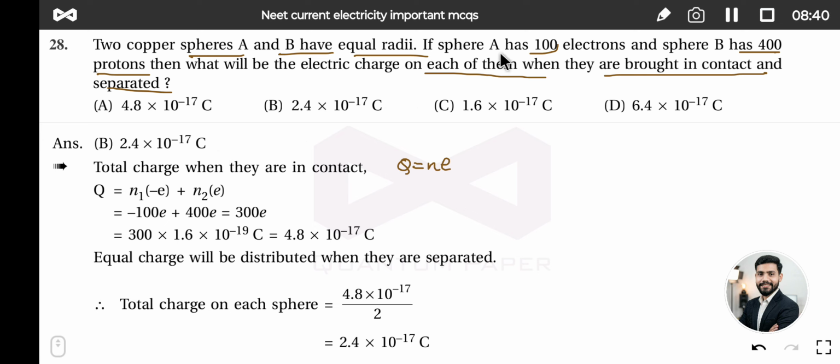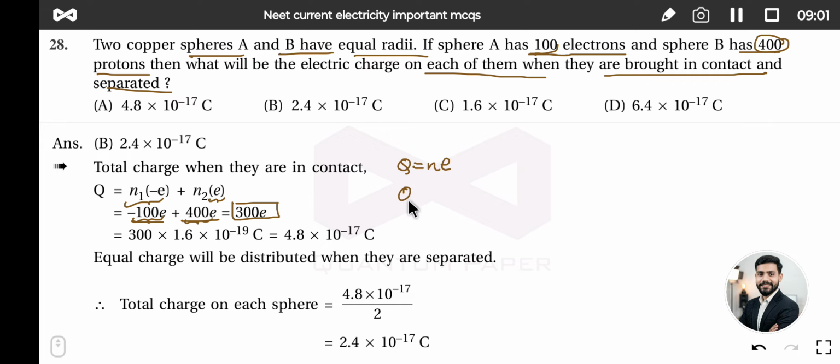Sphere A has 100 electrons, that means N1 times minus e, so 100 times minus e, that is minus 100 e. And then sphere B has 400 protons, that means plus e, so 400 times plus e. So minus 100 plus 400, nothing but 300 times e. So total charge is 300 e.